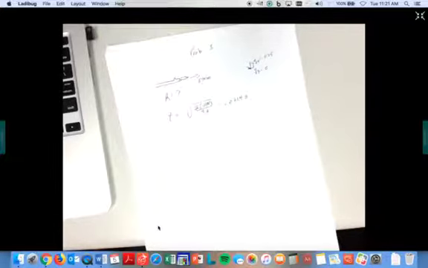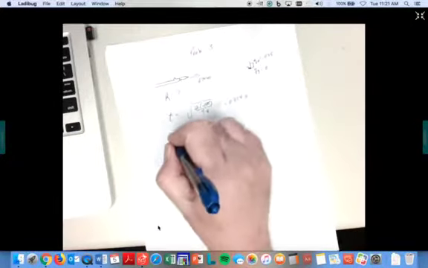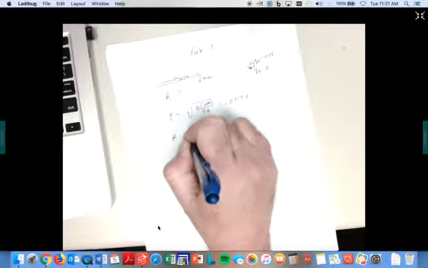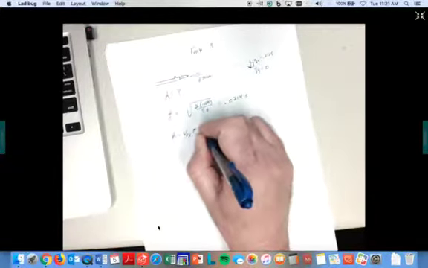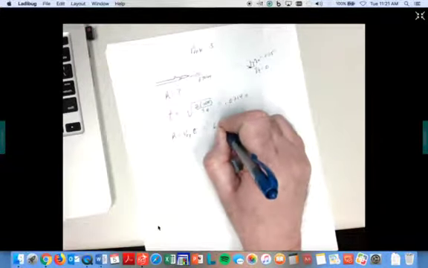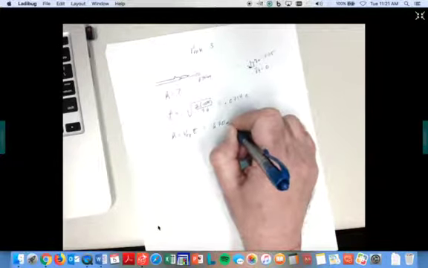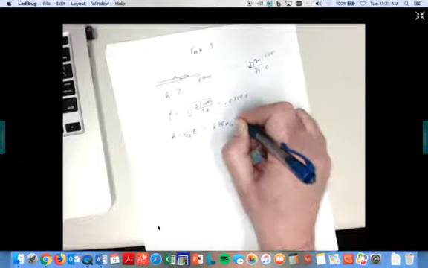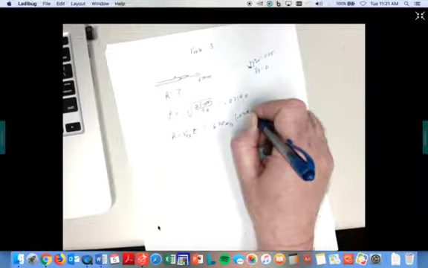Okay. So there's the time. So now I know the range. The range is going to equal v naught x times t, which equals 670 meters per second times 0.0714 seconds.